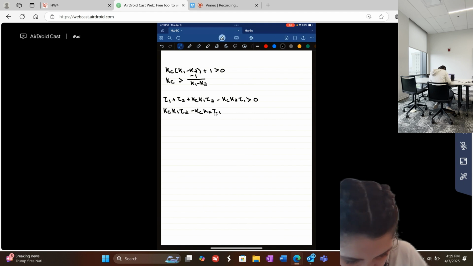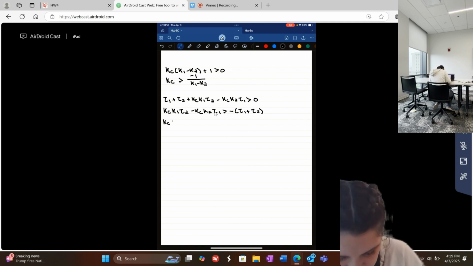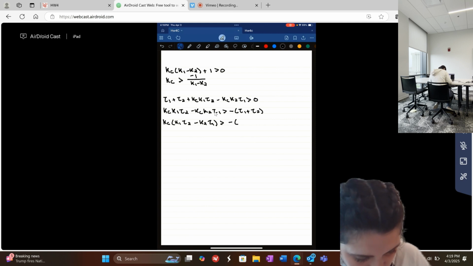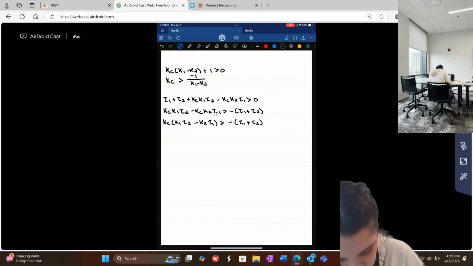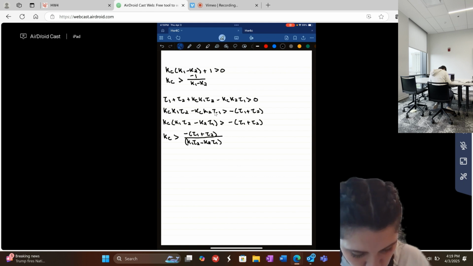Factor out the KC, K1 tau 2 minus K2 tau 1 is greater than negative tau 1 plus tau 2. Switch that over to the other side, and we have KC is greater than negative tau 1 plus tau 2 over K1 tau 2 minus K2 tau 1.